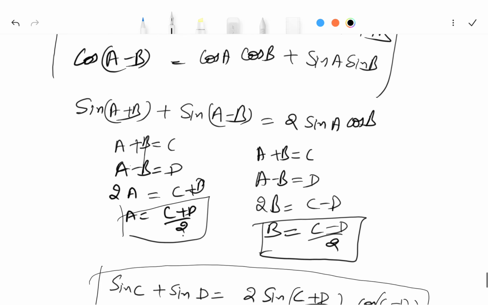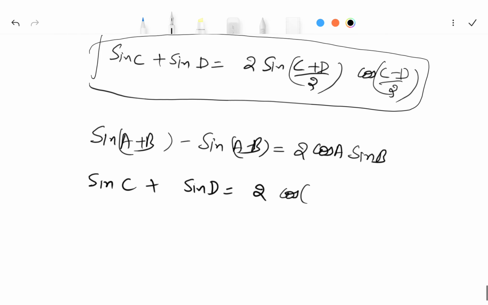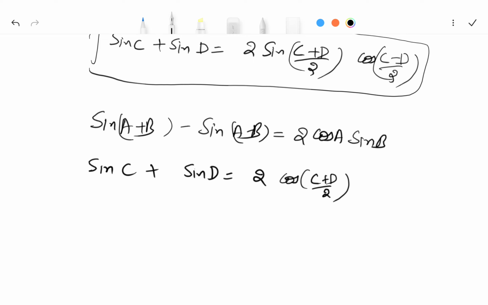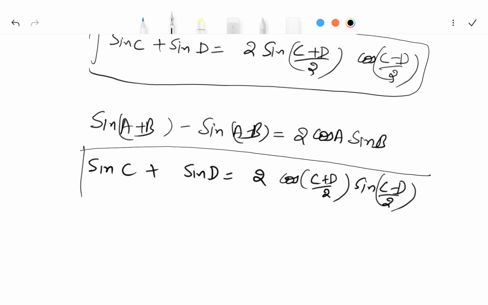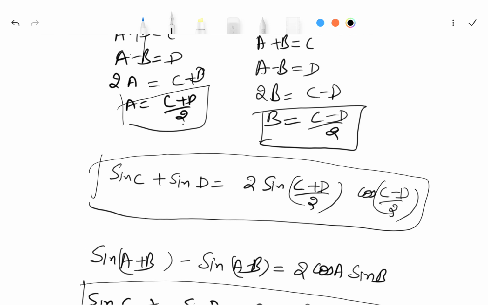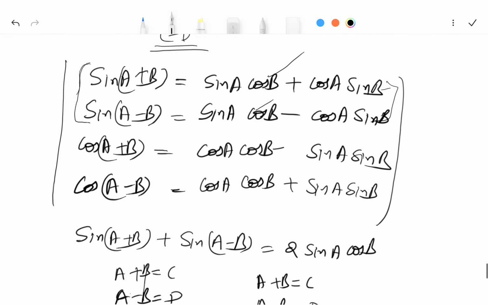What is A? A is equal to (C plus D) by 2. What is B? (C minus D) by 2. So 2 cos (C plus D) by 2 sine (C minus D) by 2. This is my another formula. Now I took two formulas and I have completed this. Now I will take these other two formulas and I will do the same.